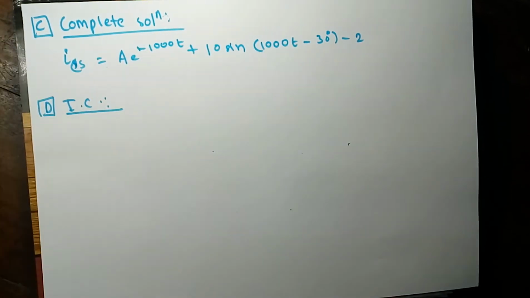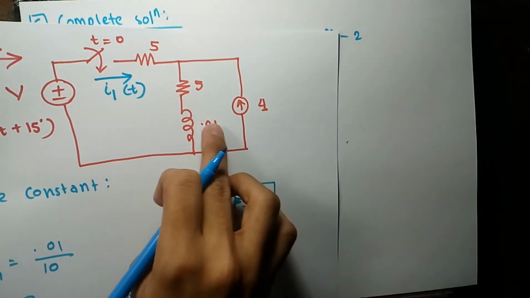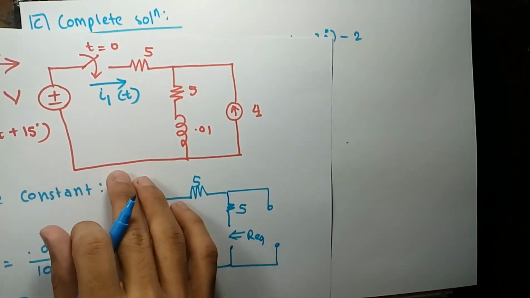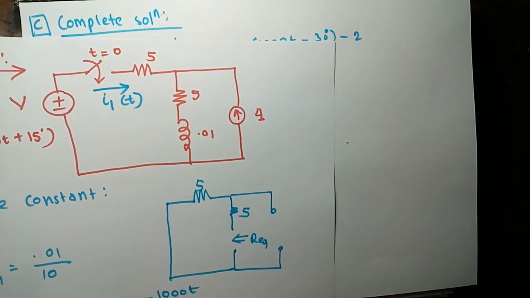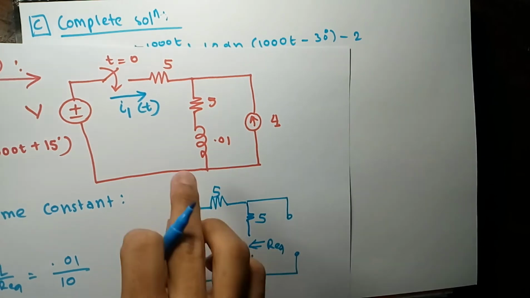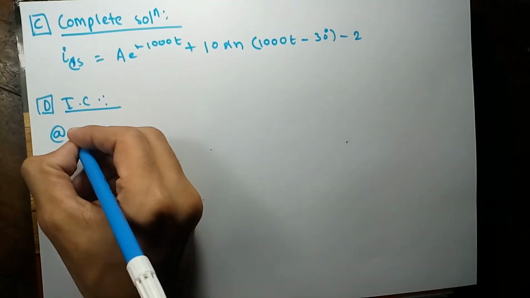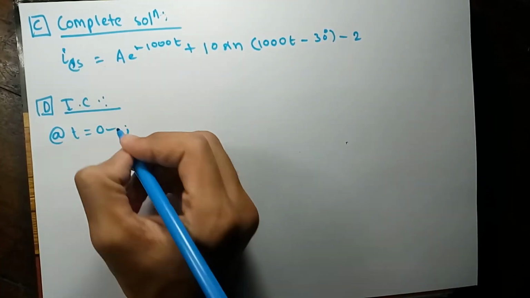To know the current going through the inductor before t equals 0, we go to the circuit at t equals 0 minus.